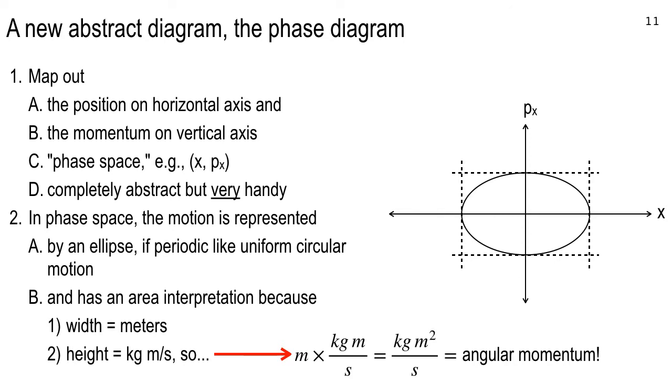Because the electrons in an atom, when you map them out in a phase diagram, the interpretation of the area of the ellipse is actually at the deepest level of quantum physics. So we're actually doing this.